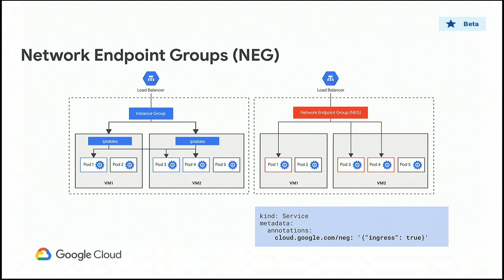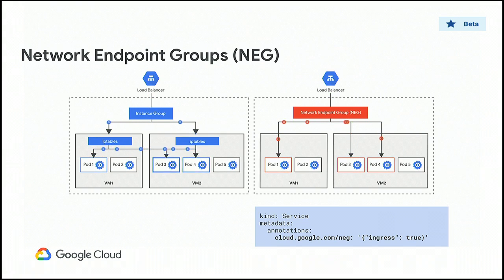Then we introduced the network endpoint groups concept, which is also available in beta. With network endpoint groups, the load balancer will now have visibility to the pod level, by using IP and port pairs. So in this example here, instead of targeting 2 different nodes, it would target 5 different pods.